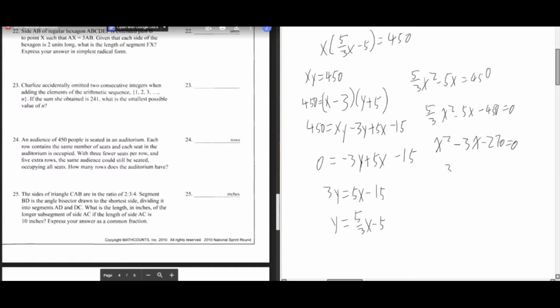So you get 3 plus or minus square root of 9 plus 4 times 270, that will be 1080, over 2.